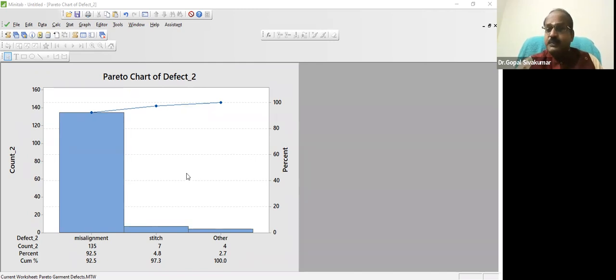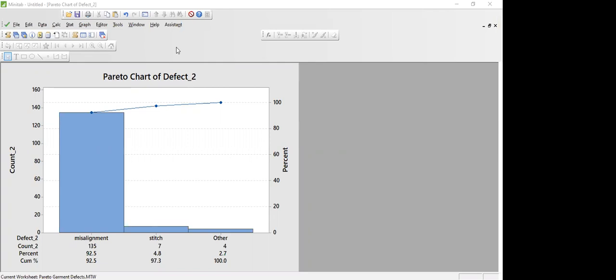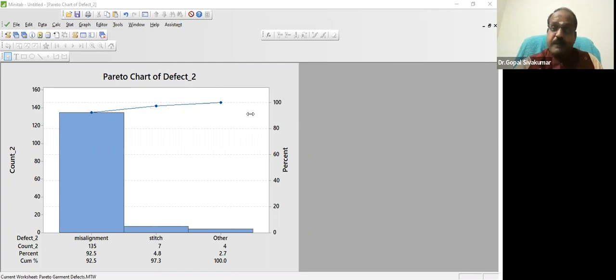Do you think plotting this Pareto is really helpful in understanding the problem? Yes. And the method of dividing a bigger Pareto into many small Pareto is called stratification.